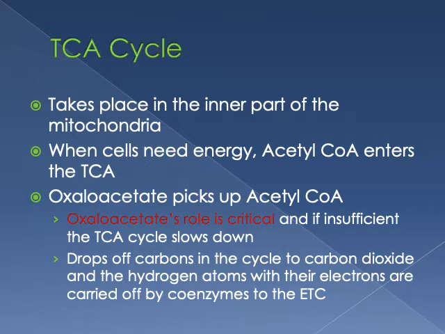Oxaloacetate is a substance that is important to keep that TCA cycle going. And as we're going to see in the next diagram, we're going to see how important it is to have carbohydrate in the diet to keep that TCA cycle going. So its role is critical, and if it's not sufficient, the TCA cycle will slow down.